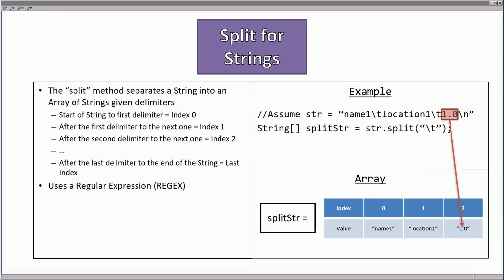Do keep in mind that this is a double value, but this is inside of a string. So this indicates this is an array of strings, so this 1.0 is a string for now. We'll have to convert that later. But either way, when you call split on a string and you pass in a delimiter, it separates the information into an array, just like this.